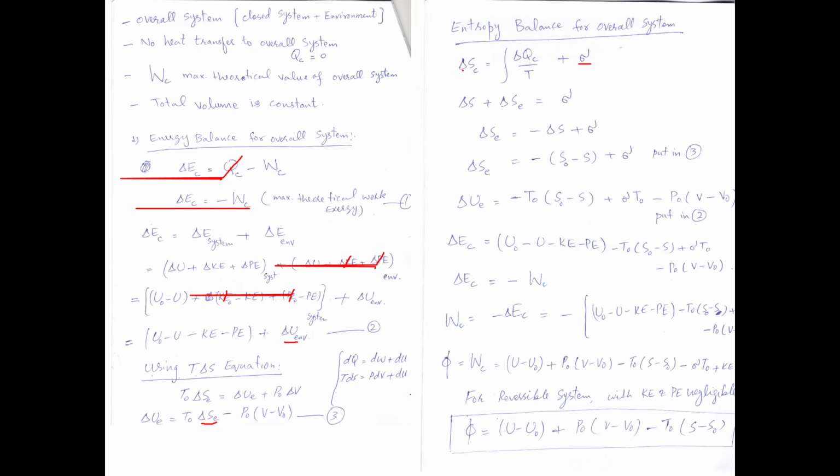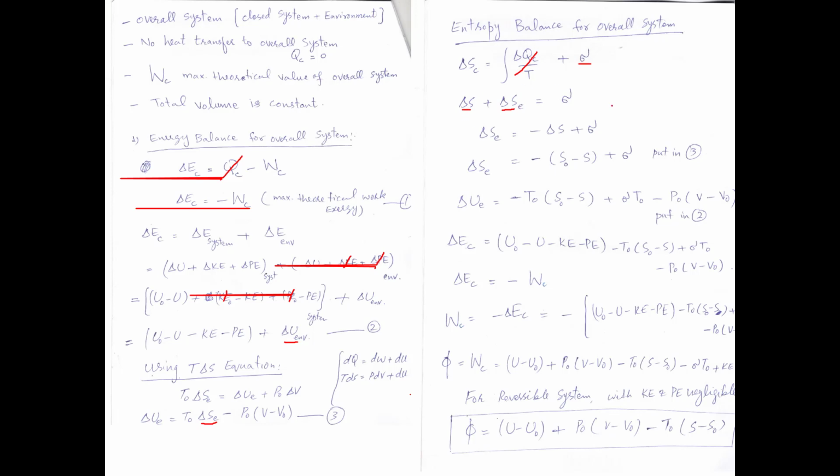The overall change in entropy of the overall system is the change in entropy of the system plus the change in entropy of the environment, because this heat term is equal to 0 since QC is equal to 0. So the change in entropy of the system plus the change in entropy of the environment is equal to sigma. Since we need the change in entropy of the environment, we need this term only.